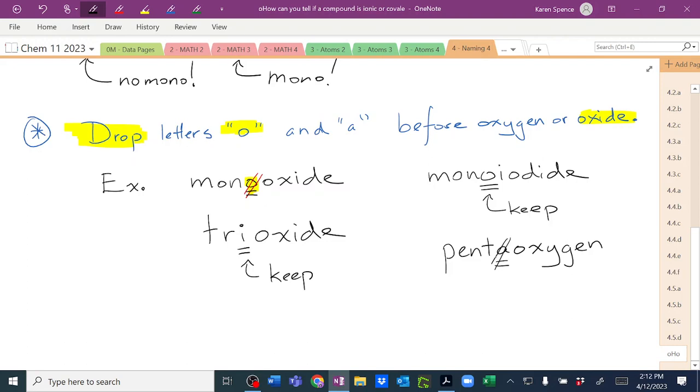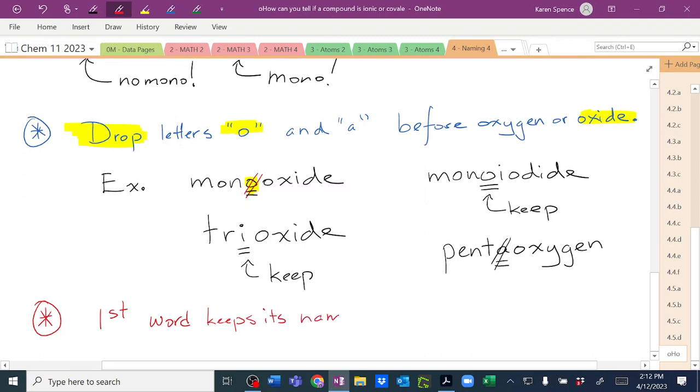And the only other thing I can think of that people sometimes mess up on is the first word just keeps its name. Whereas the second word we end up with ide.